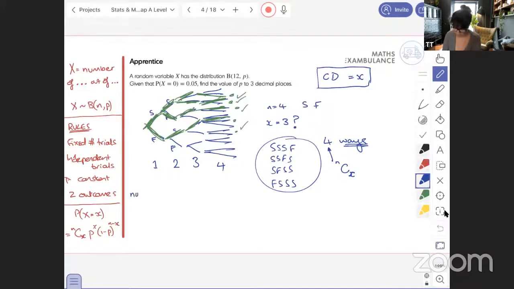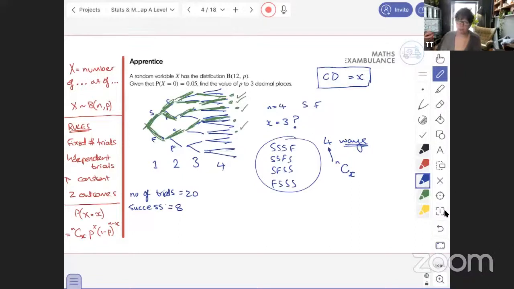Let's say the number of trials, the first number I see popping up, N is 20, right? And how many successes do I want to find the chances of getting? 8. Right, so think about the tree diagram.